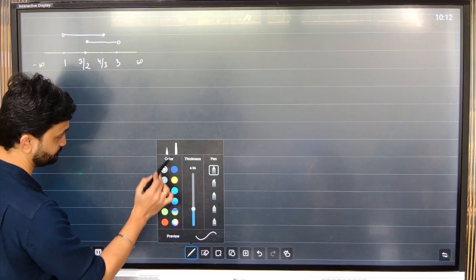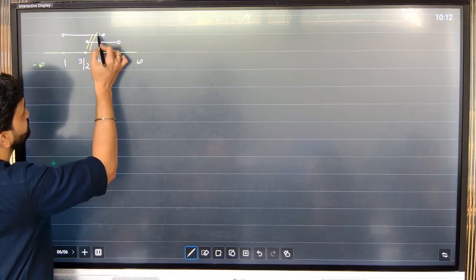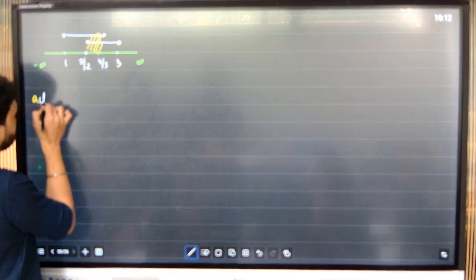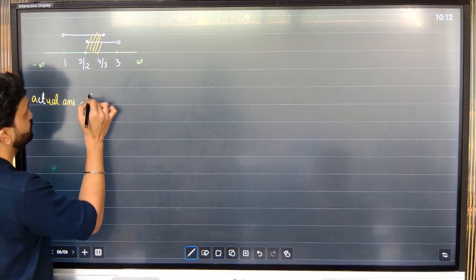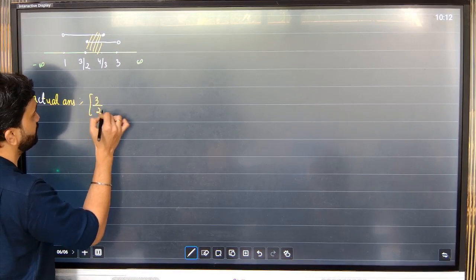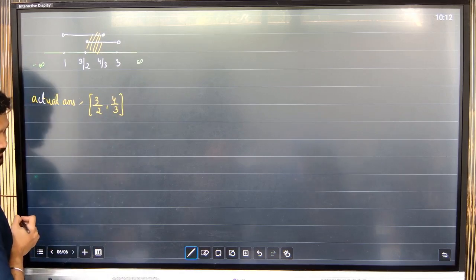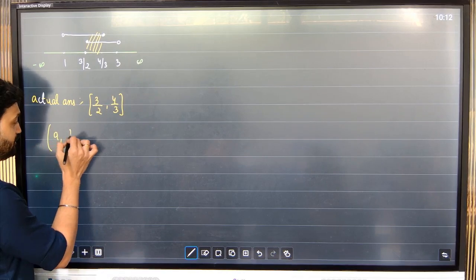So actually my answer is, look at where my answer is. This is my answer. My actual answer is 3/2 से लेकर 4/3 both included, but they have told us the answer is of this pattern.